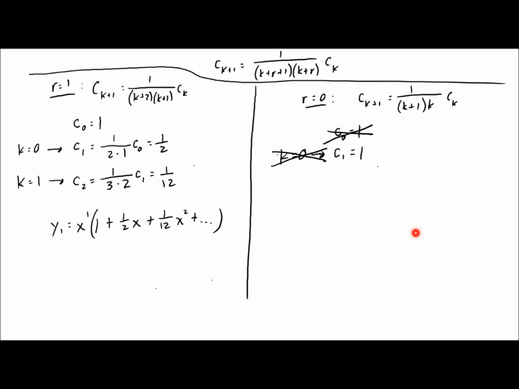So now, to find c2, we're going to have to plug in k equals 1. And so c2 is equal to 1 over 2 times 1 times c1, which would be 1/2. When k is equal to 2, we're going to get c3 equals 1 over 3 times 2 times c2, which is 1/12. So my second solution is going to be, now again, c0 is gone, which means that there's no constant term for my solution.